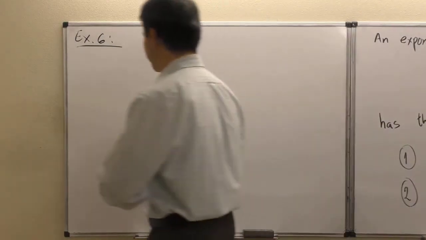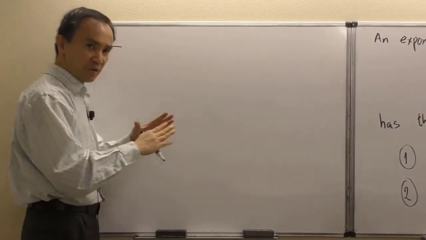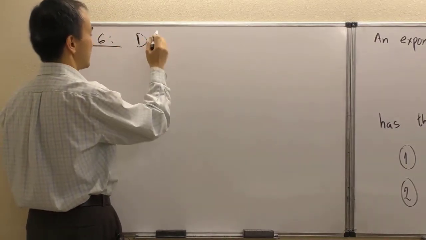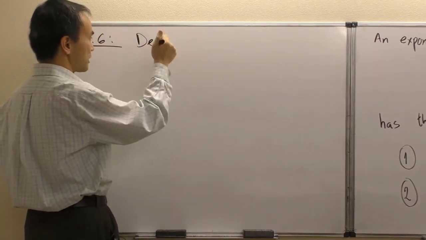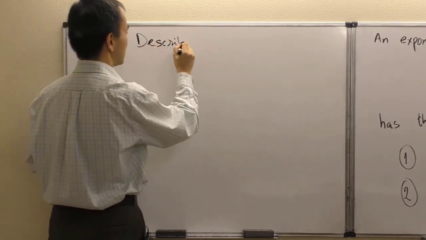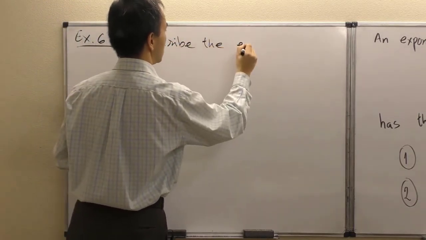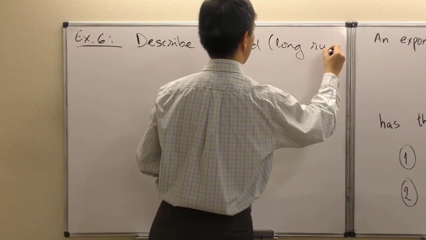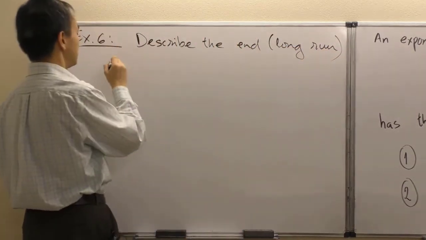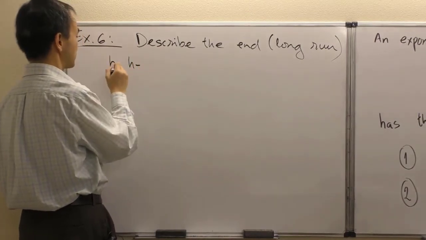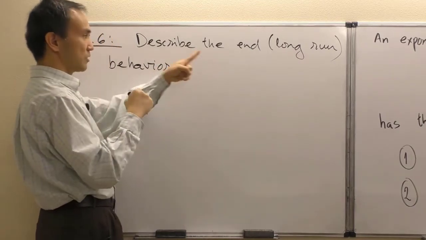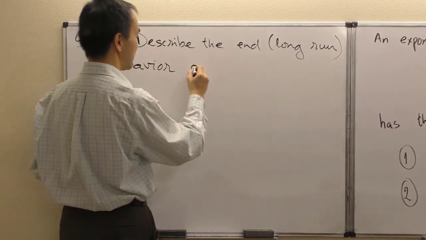Now on my board, the general description will stay the same for the other problems later on. It's all going to be a worded problem. Describe the end, or some textbooks call it the long run, behavior of.